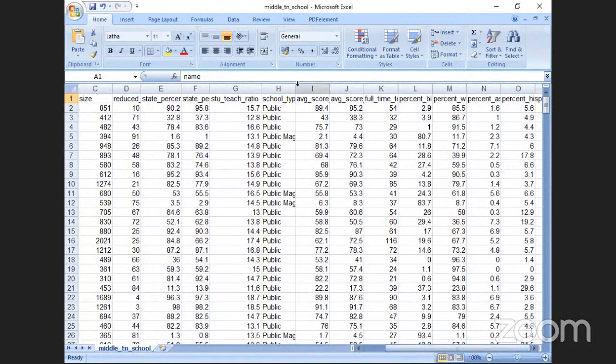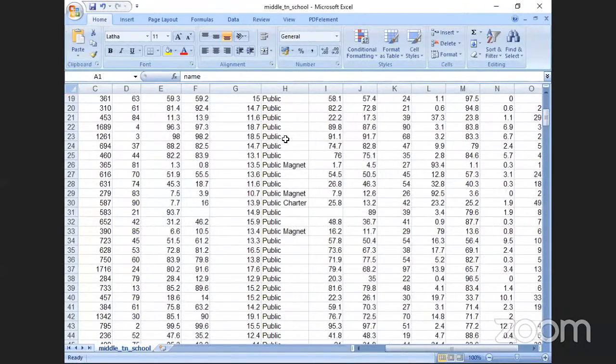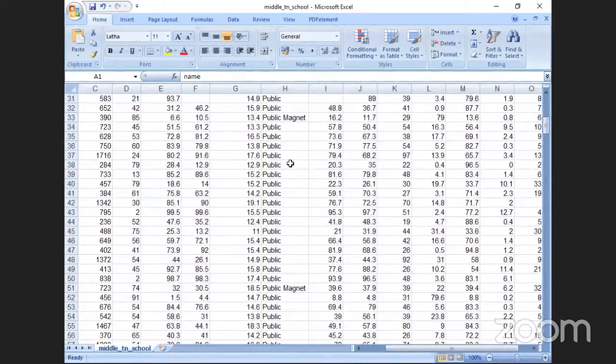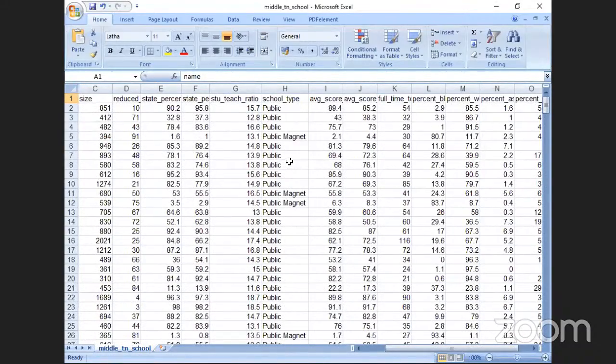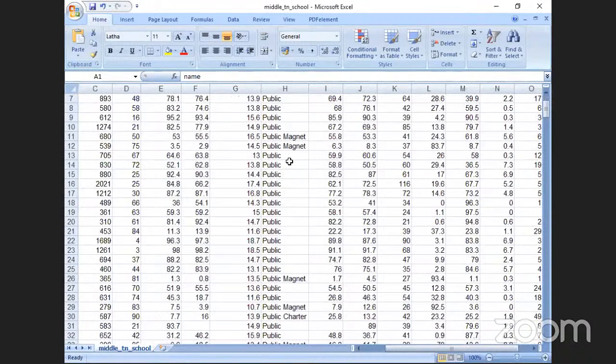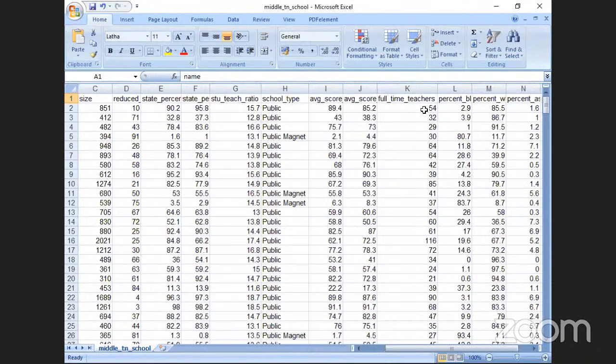Then further, type of school. There are three major types of schools in this case study: public, magnet, and charter. So these types of schools were taken here for the study. And what is the average score? Then full-time teachers.